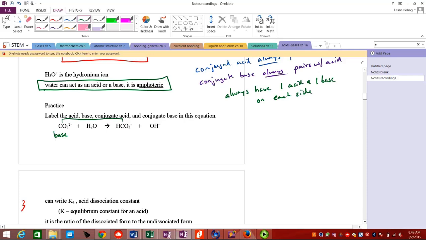So there's your base. So this must be, I'm going to abbreviate here, the conjugate acid. Well, once you know one, you know that this has to be the acid, but we can check it, and H2O does indeed donate a hydrogen to become OH minus, so OH minus is the base.